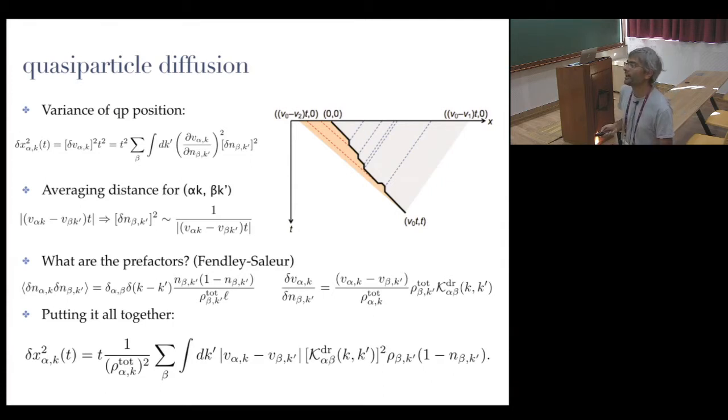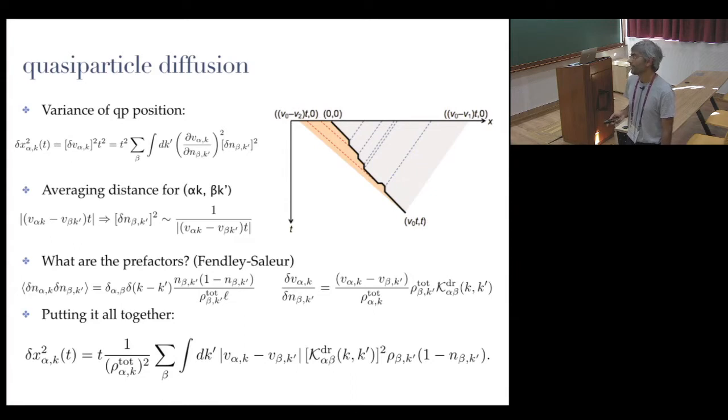That would have been a fair amount to work out, but fortunately we could just look at this paper by Fenley and Soler. When you put all of that together, you end up with this formula for the variance of the position of a quasiparticle that initially started out at the origin once it has propagated for a time t.